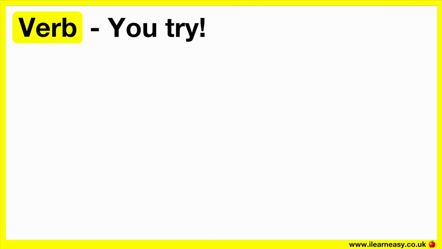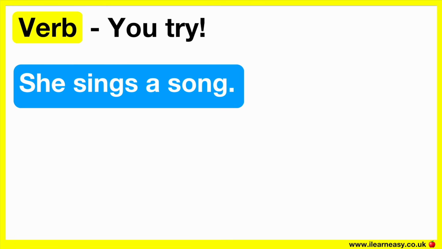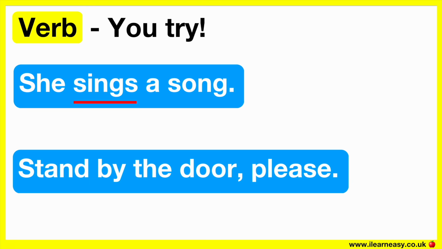Now you try. Read the sentence and identify the verb. She sings a song. The verb in this example is sings. Stand by the door, please. The verb in this example is stand.